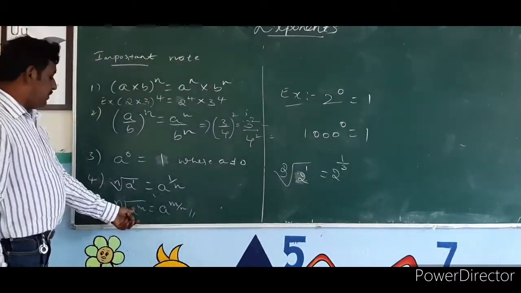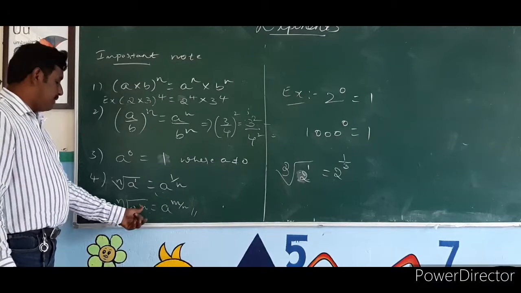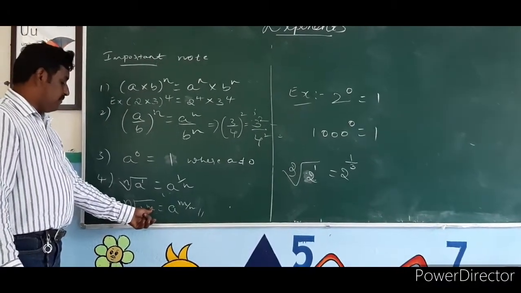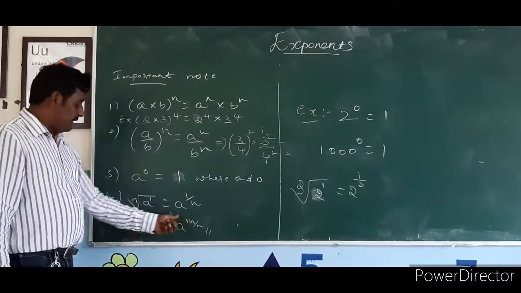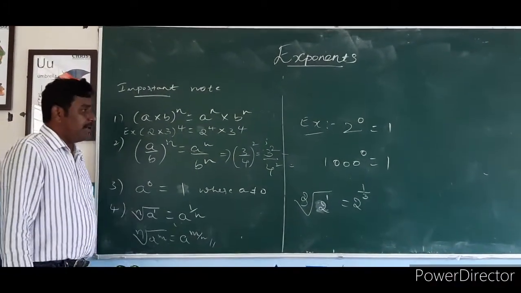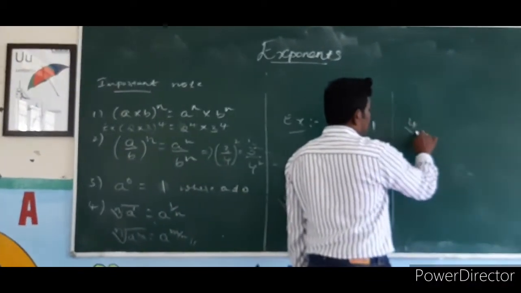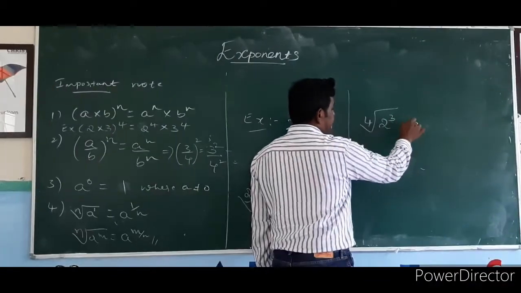Similarly, the nth root of a to the power of m: here m is the power and should go to the numerator, and n comes to the denominator. For example, take the 4th root of 2 to the power of 3.